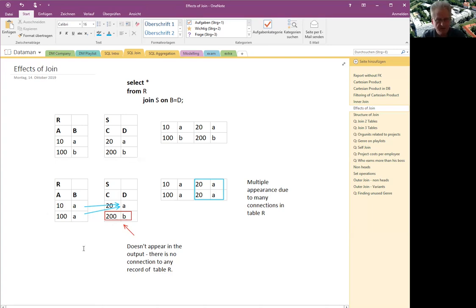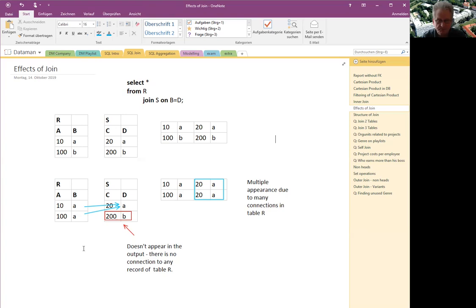Only records that are connected via the join condition appear in the result. And if I have a record in any one of those tables that is not connected to any one of the other table, it doesn't appear in the result.